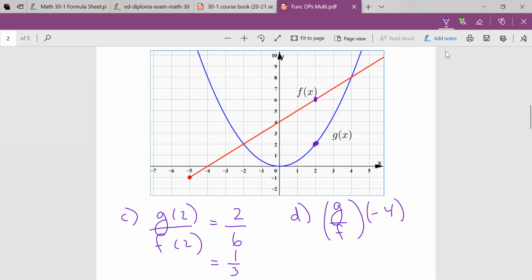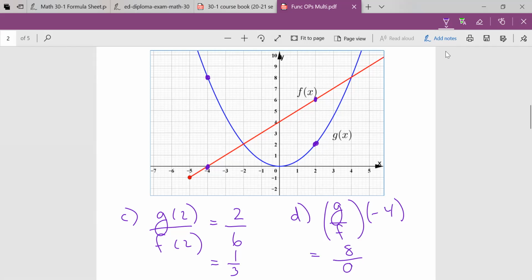Not bad. Okay, it's D that I really need you paying attention to. With division, I need to be careful about division by 0. Well, I kind of gave away what was going to happen. So this says G at -4. G at -4 is up here, it's at 8, divided by F at -4. Well, F at -4, the output is 0. Okay, we can't have that. We're dividing by 0.